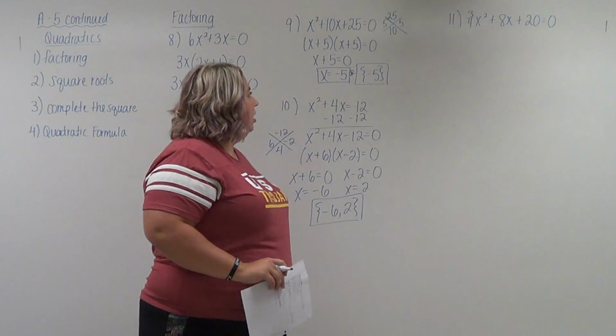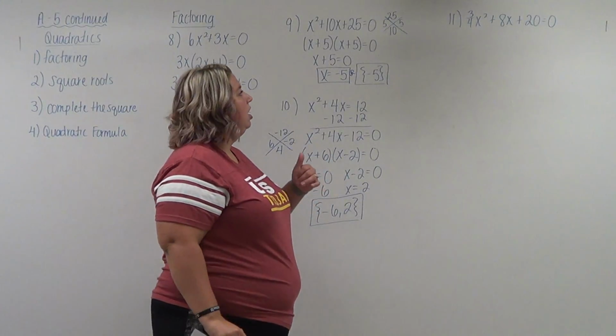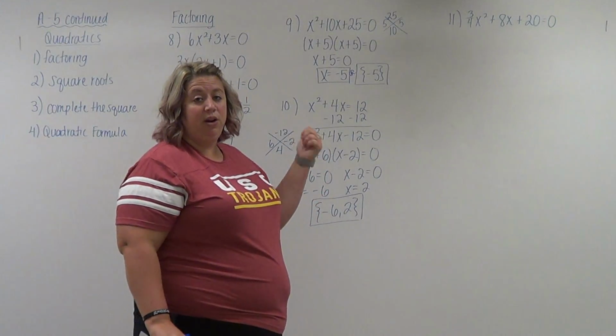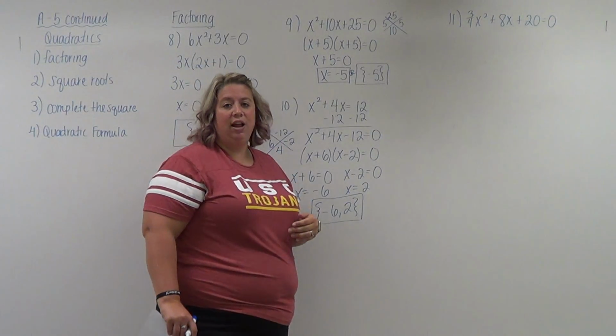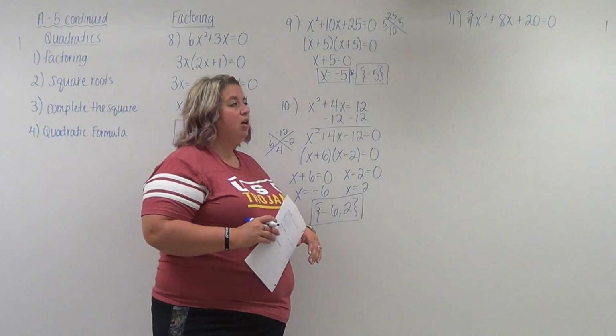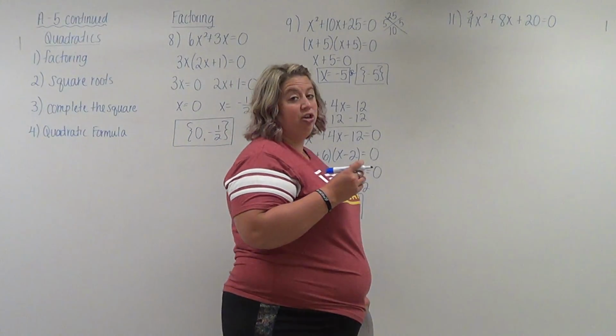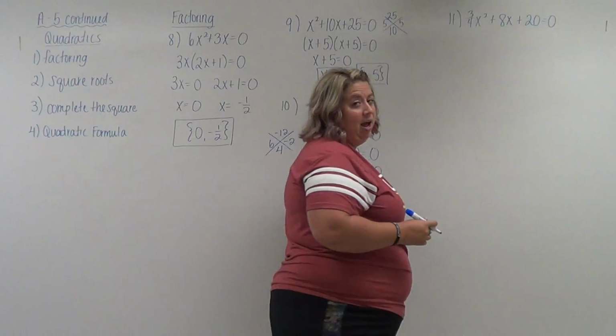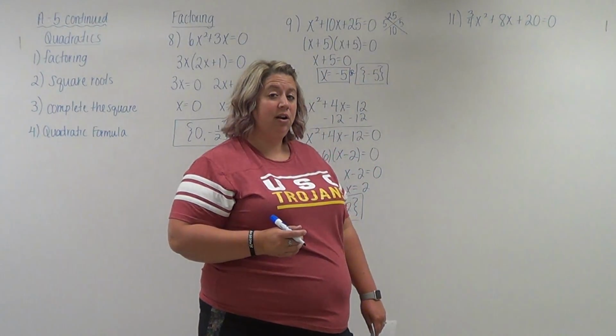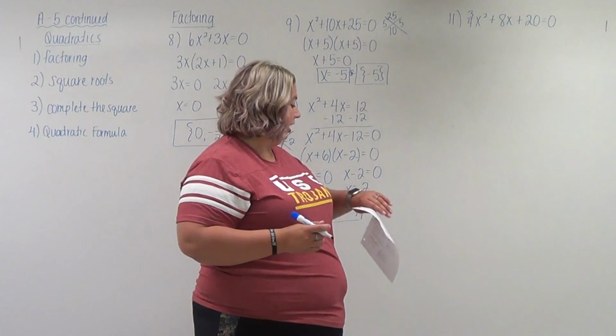Okay, we're gonna do one more. I'm gonna combine kind of two things. A number in front of x squared, you remember what to do, and if you have a fraction. I know most of you do not like messing with fractions. So what I'm going to tell you to do, since there's an equal sign right here, that means we can multiply everything by the denominator, and that's going to get rid of your fraction.